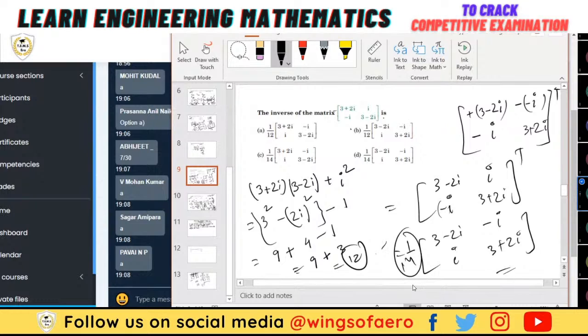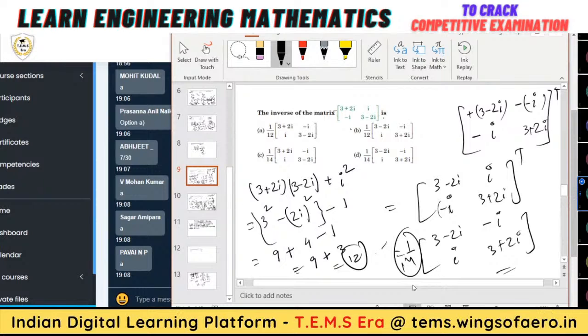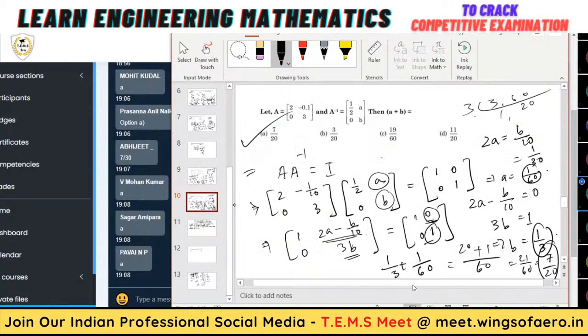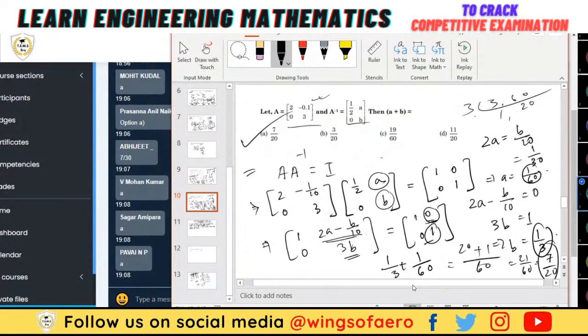Okay. It's simple calculation. While calculating, just concentrate. Otherwise, in these kinds of problems there is a very high possibility of mistake. Now look at this problem. Maybe you can simply find A inverse here, but it will take more time.